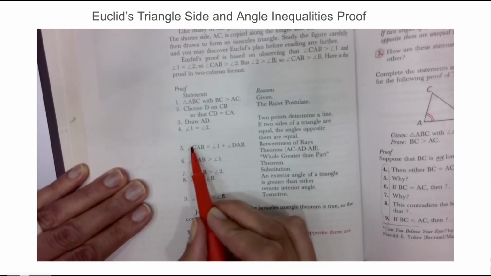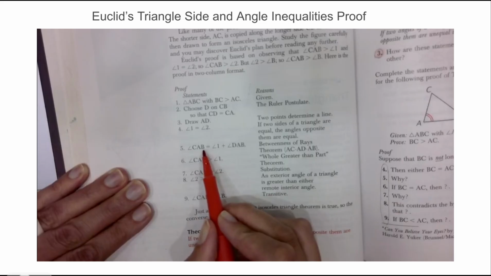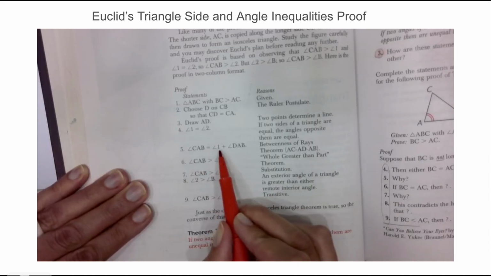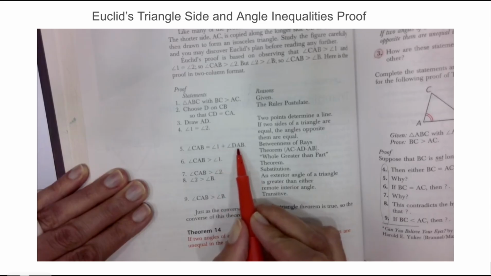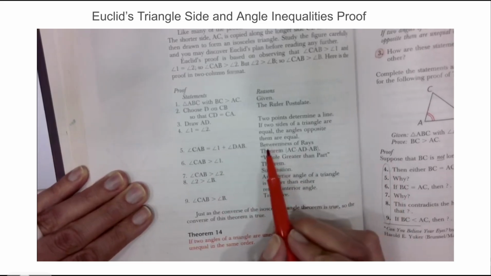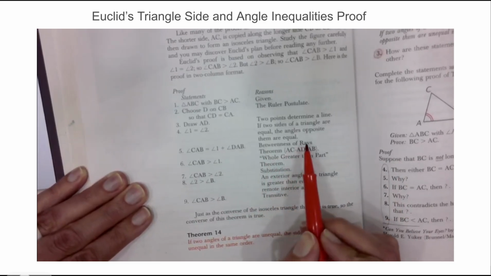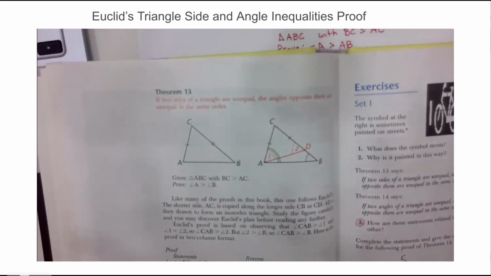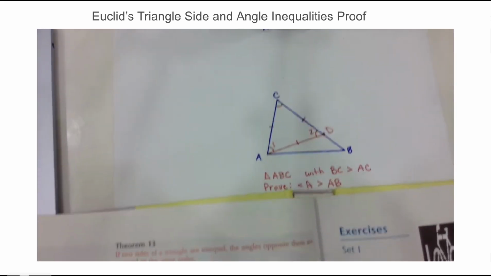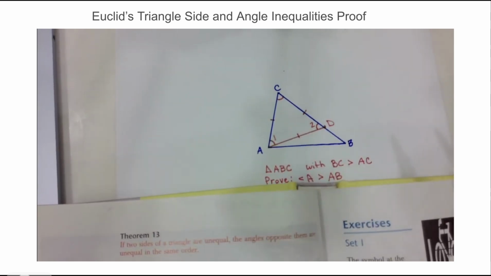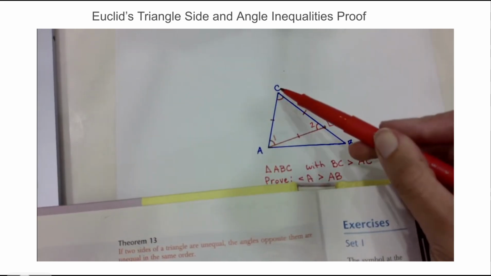Then, angle CAB, so we're talking about the whole triangle now on that left side, equals angle 1 plus angle DAB. And this is because of the betweenness of rays theorem. So let's look at that and make sure it's true. Yes, that is true.